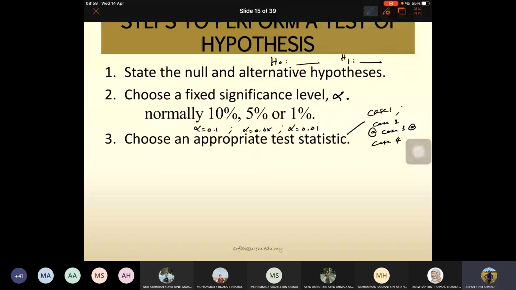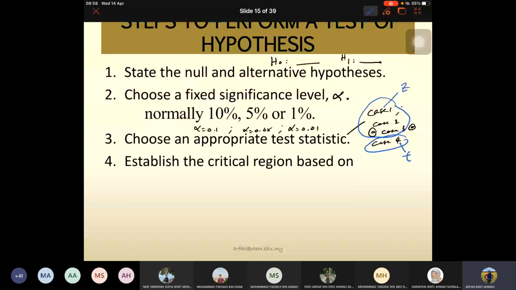So case 1, case 2, case 3 akan ikut Z distribution dan case 4 akan ikut T distribution. Okay. So that is the appropriate test statistic. So the next one, establish the critical region based on the value of alpha.